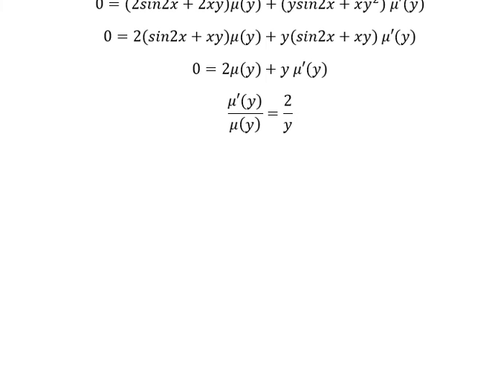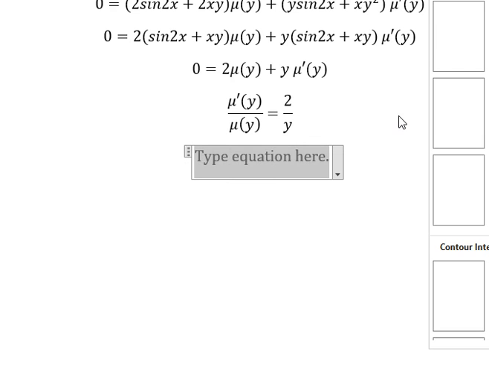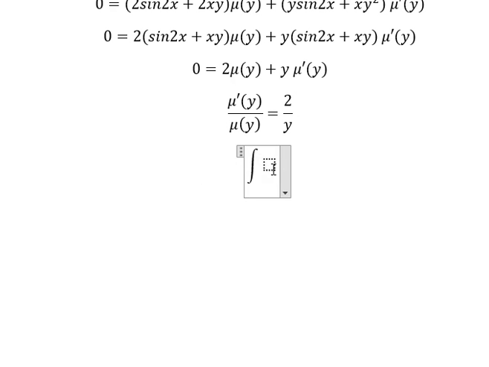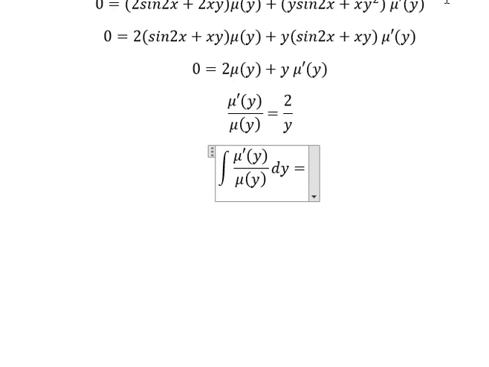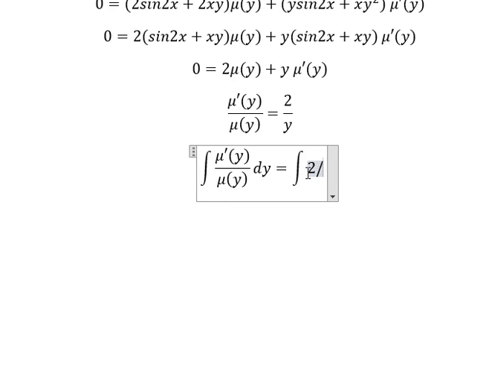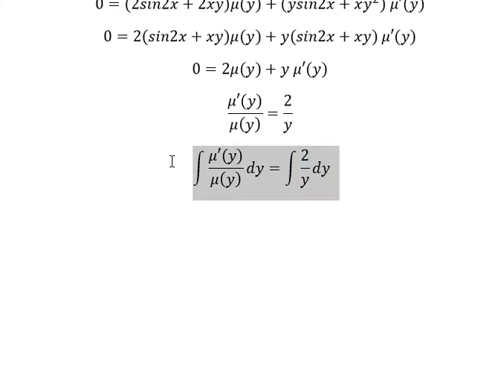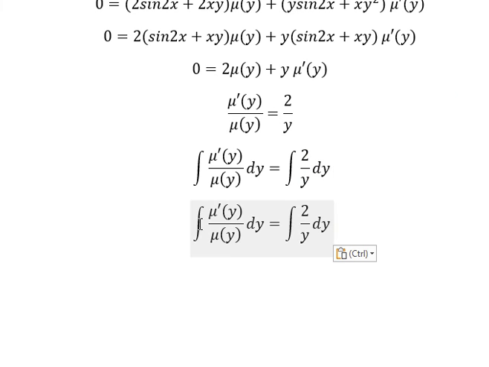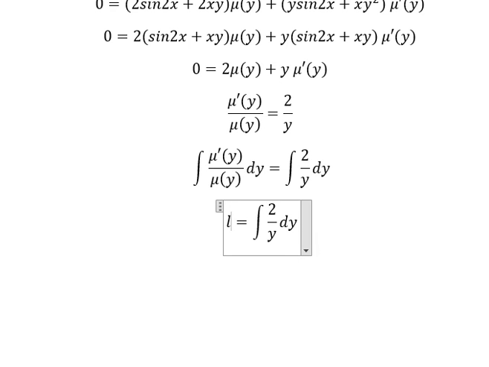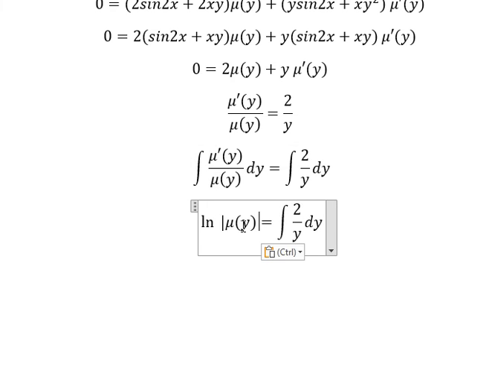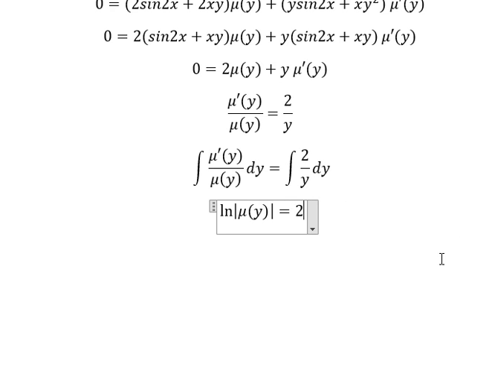Next, we put the integration for both sides. The integration of this one, we have ln of the absolute value of mu of y. The integration of this one, we have 2 ln of the absolute value of y.